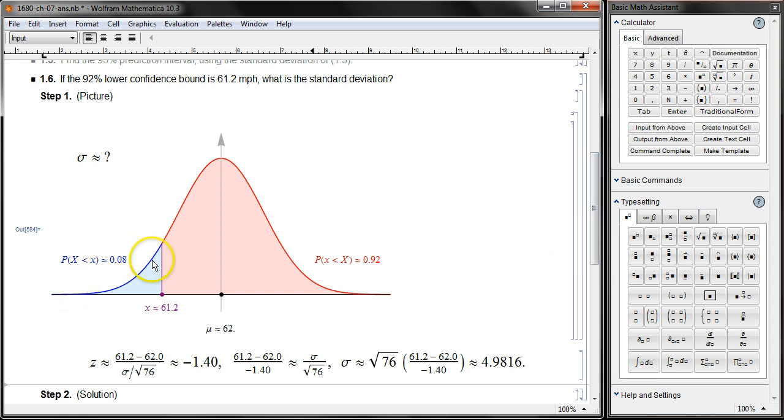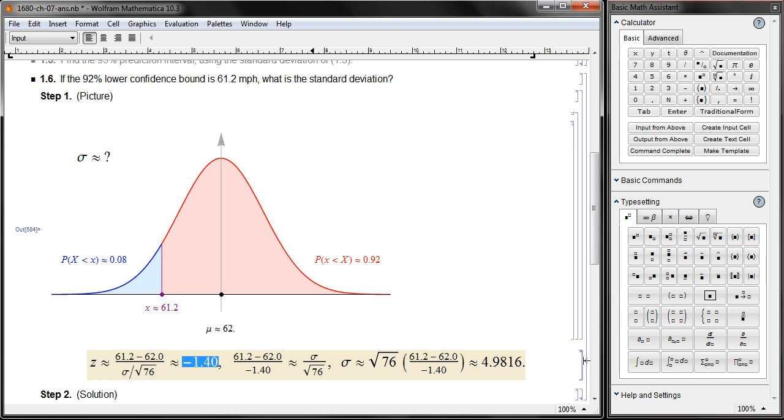The associated picture is like this: 92%, the red part, the big part. 61.2 is a little bit less than 62. And this one is 8%, and you have to look up the left-hand side. 8%, not 92, but 8% from your z-table. And that's how you get negative 1.40. After that, it's just the algebra.